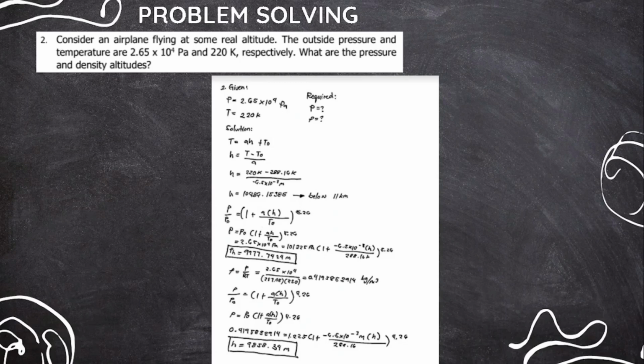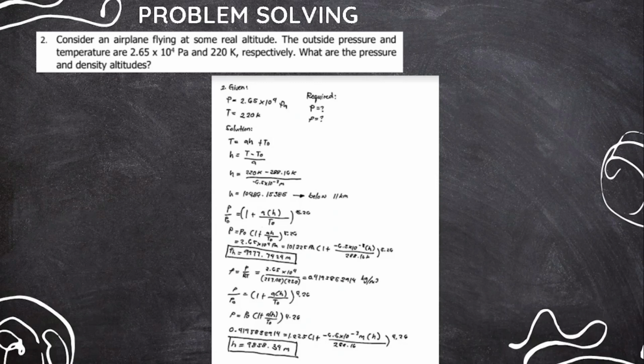So we have a pressure altitude of 9,977.7424 meters.